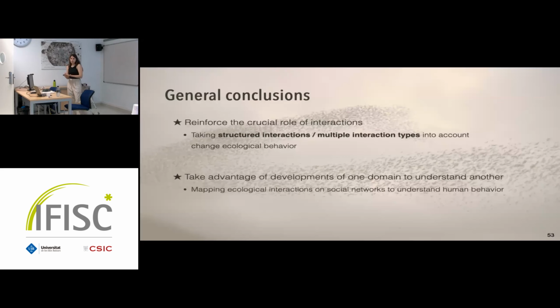And then also regarding this bridge between ecological and information ecosystems, this bridge has allowed us to discover new drivers of human behavior and these patterns.